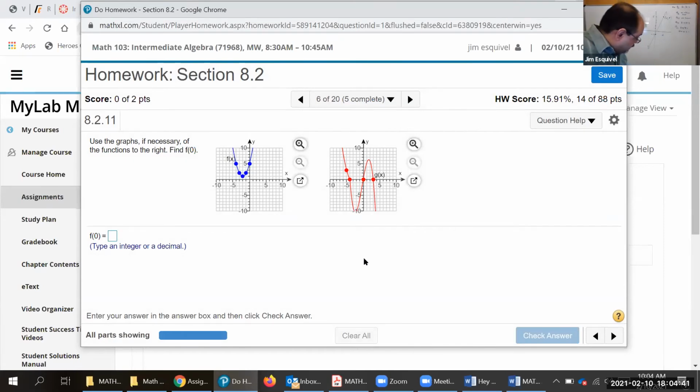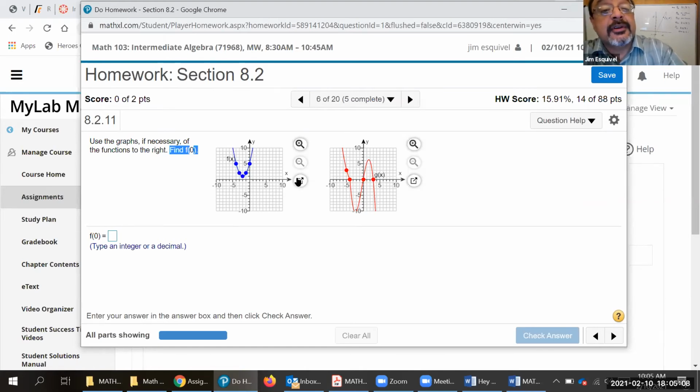And then just when you thought it was over, now we are going to use the picture. Because they're not giving you exactly what they told you in the last two questions. Use the graphs, if necessary, of the functions to the right, find f of 0. Well, they're only talking about the f function. So the f function, left to right, f and then g.